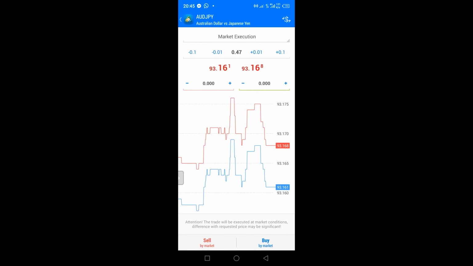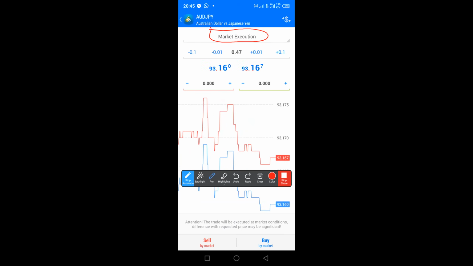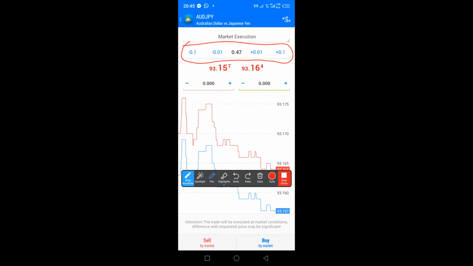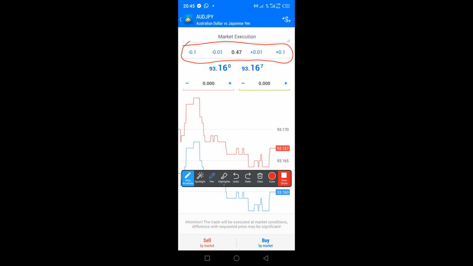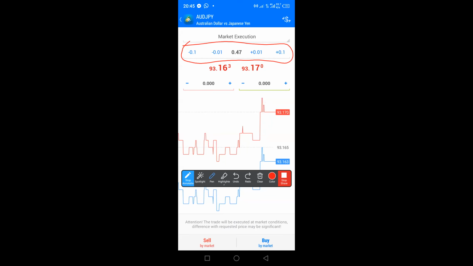Now the next segment, which happens to be this, this is your lot size. Remember we discussed lot size, and I likened lot size to a bowl, a calabash you use, it shows the quantity you want to trade.